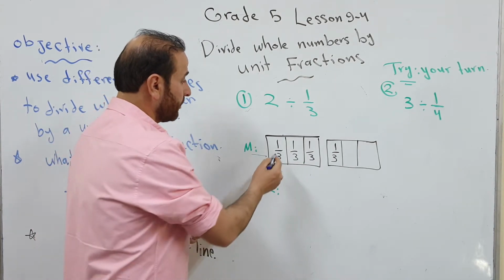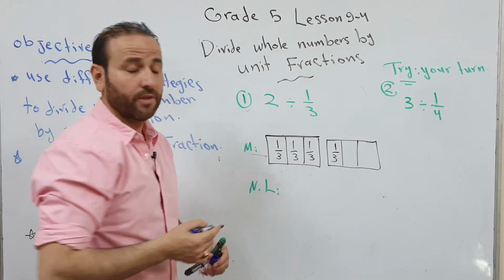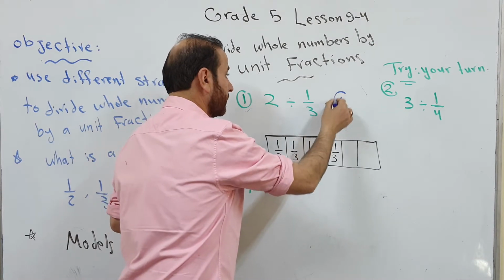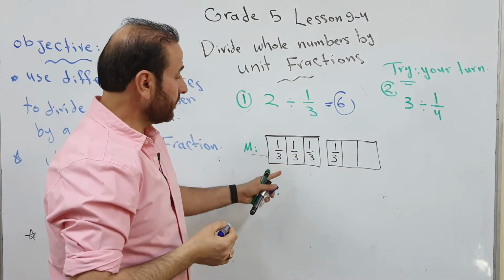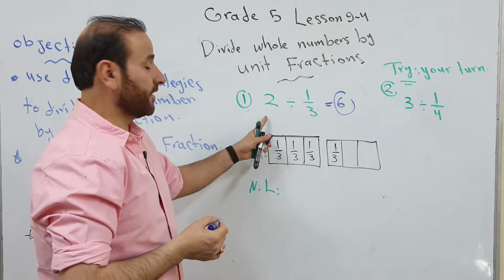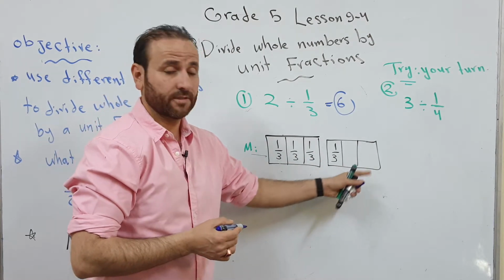If we count them, 1, 2, 3, 4, 5, 6. So the answer is 6, because the question asked how many 1 over 3s are in 2 wholes.